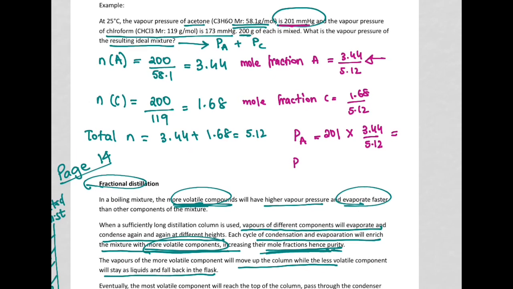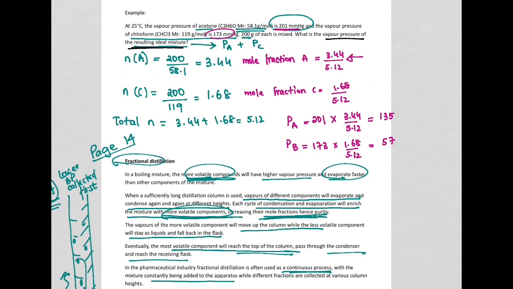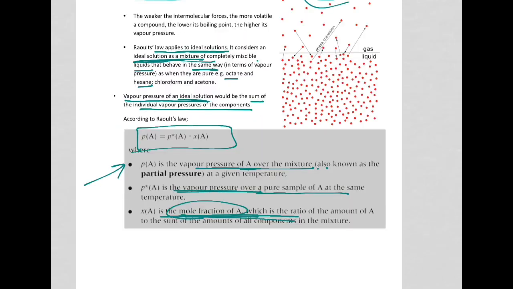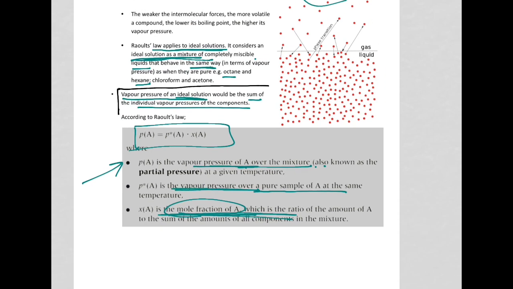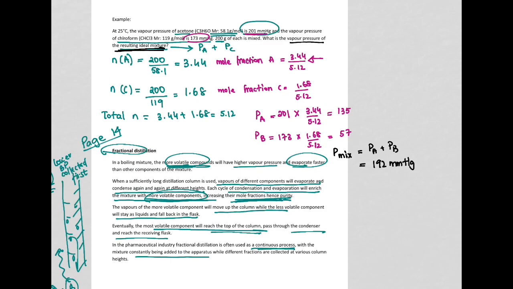And the vapor pressure of B in the mixture will be the vapor pressure of pure B times the mole fraction of B. And therefore, the vapor pressure of the resulting ideal mixture will be PA plus PB. So this is what Raoult's law says: the vapor pressure of an ideal solution is the sum of individual vapor pressures of the components. So we just add the two and you get the sum here.